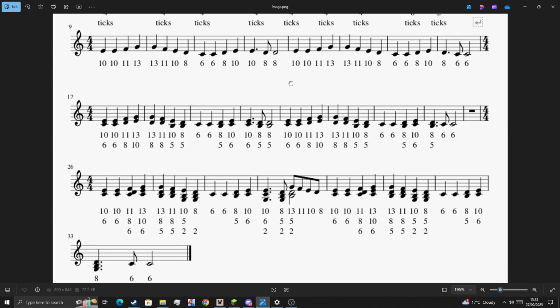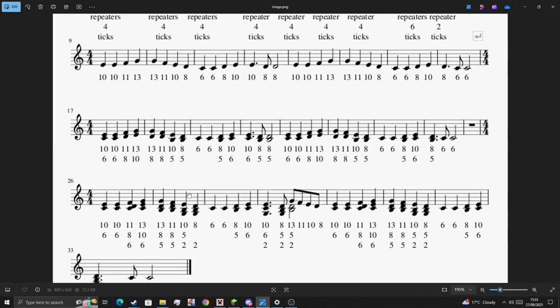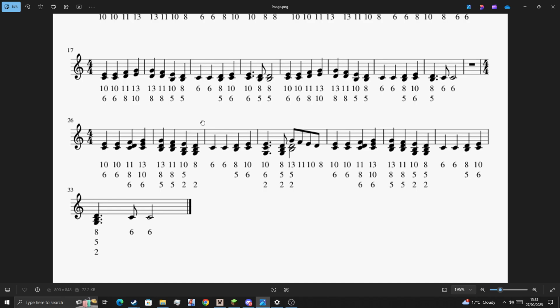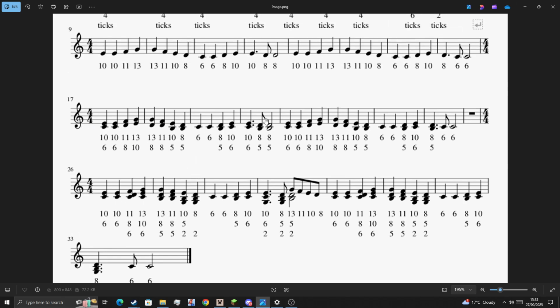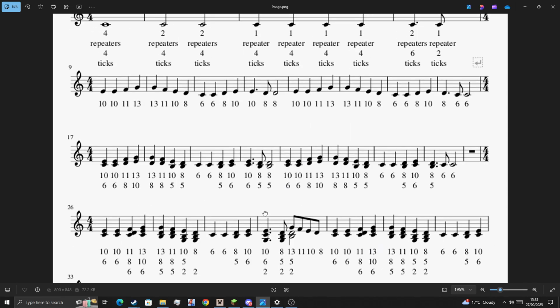Okay, so the 5 notes are actually here. Bum, bum, bum, bum. Once you start getting into this, you're playing chords essentially, right?